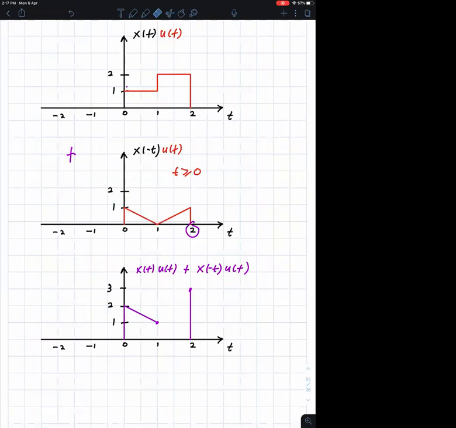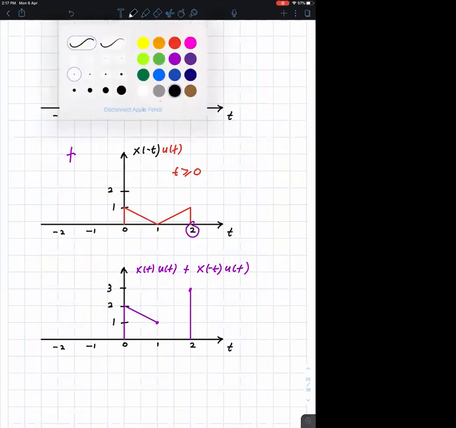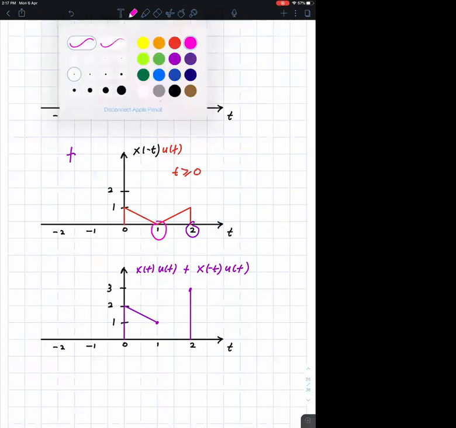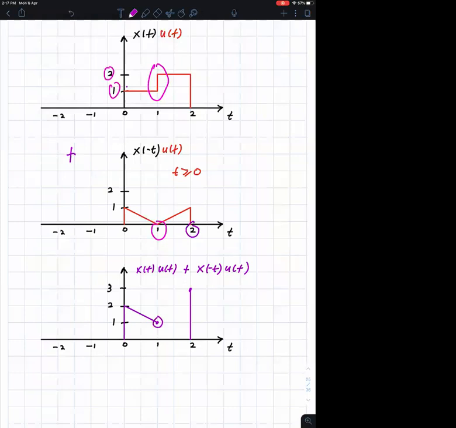Okay, if you look at this very carefully, there are two values at this point. At time t equals 1, the signal is 1, and then it suddenly jumps to 2. Do you guys note that? Yes, sir. So therefore, at this point here, 0 plus 1, you get 1.